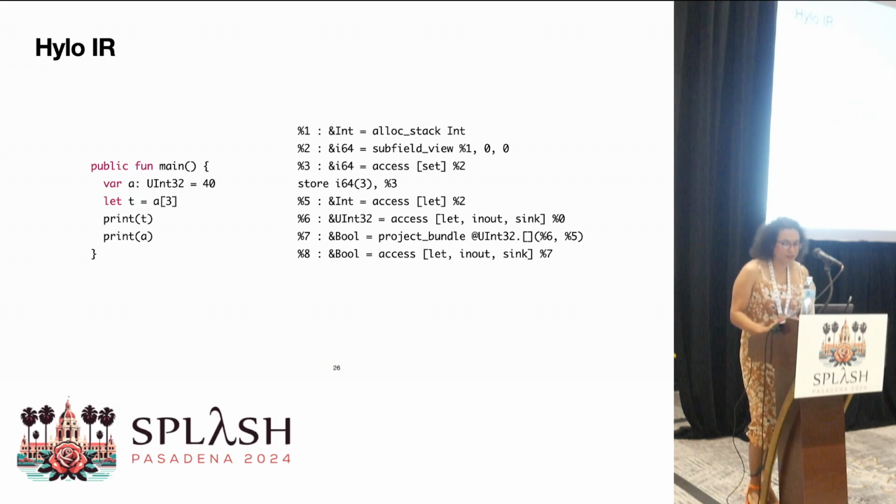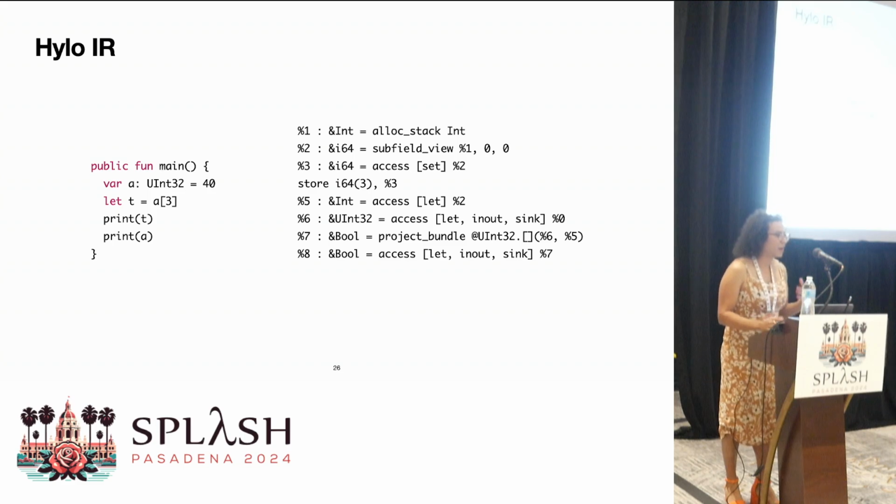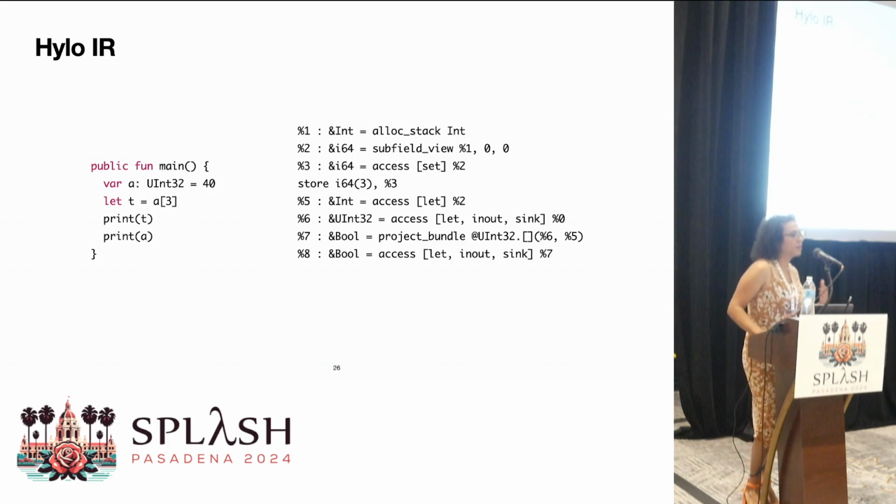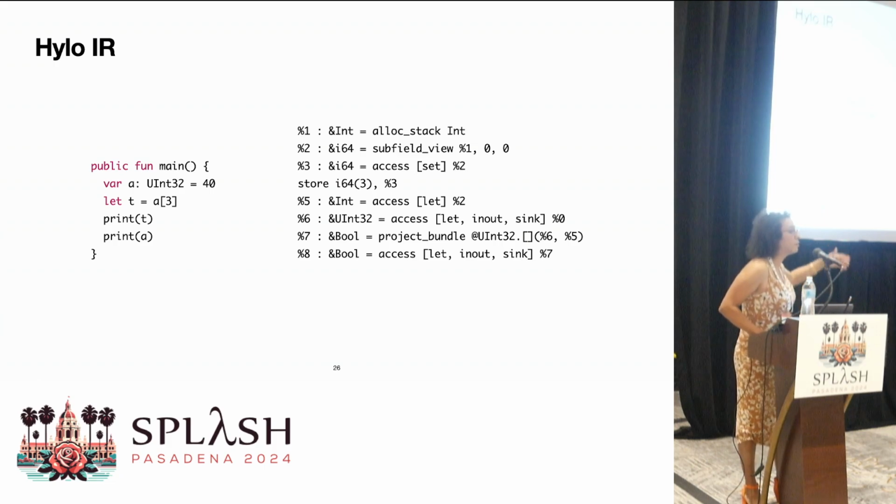So the semantics of the IR is defined in terms of a machine with an unbounded set of registers. Again, it's like LLVM. And those can be seen as the variables at the IR level. And they are assigned only once. So all these percent something, they are variables. You assign them once, and then this is the value that this thing will have for the entire function. So here, for example, %1 is a register that is containing the result of some sort of stack allocation.